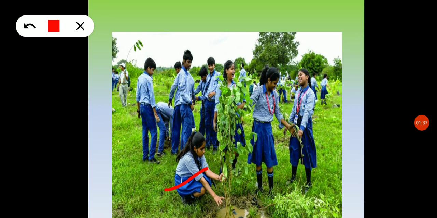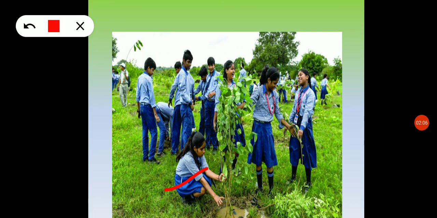Instead of burning dry leaves, you can collect them and build a pit so that you can get compost from that. By using the compost, again you can plant trees and grow plants. These are some of the alternative methods. By using these measures, you can reduce air pollution.